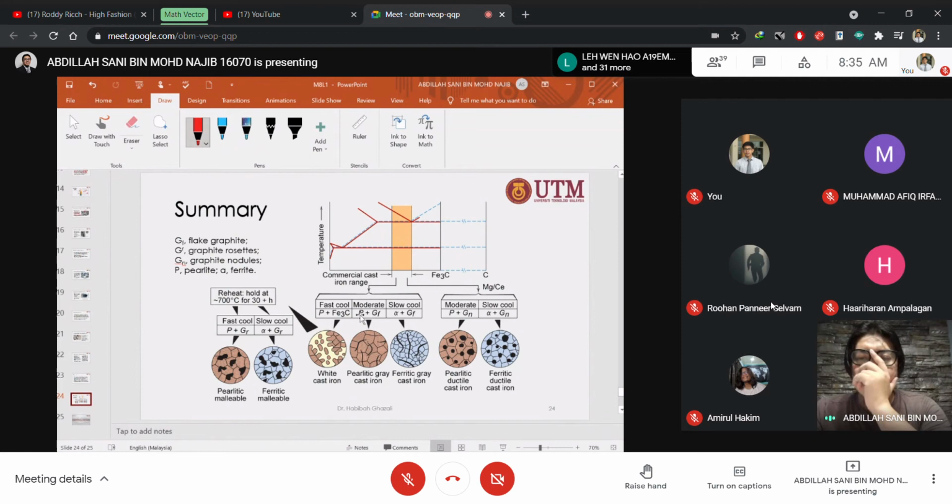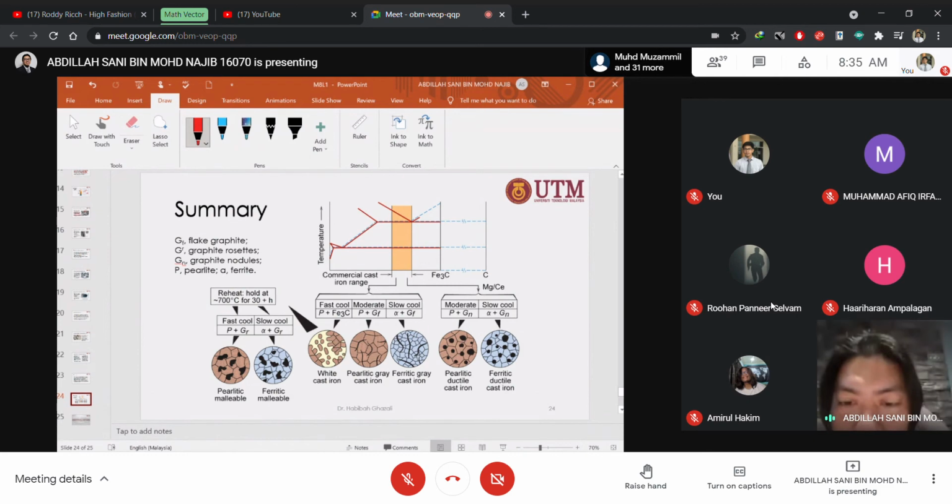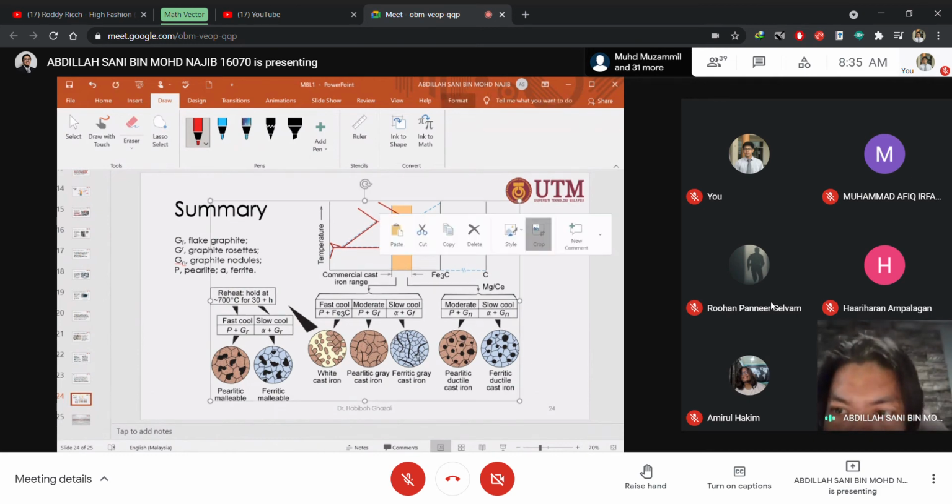If it is moderate cooling, we have these graphite flakes, and also we have the austenite that will change into the pearlite. So we have the pearlite and the graphite.